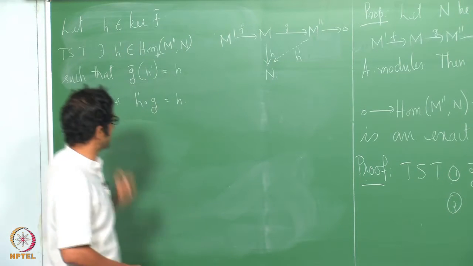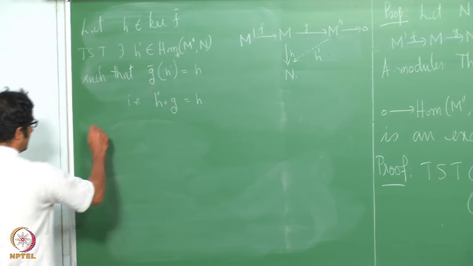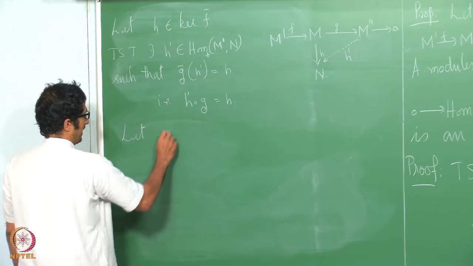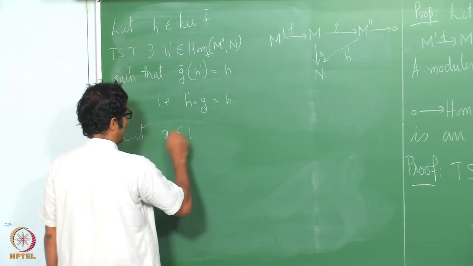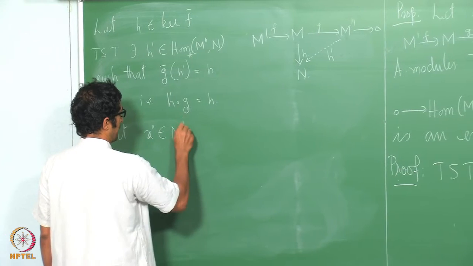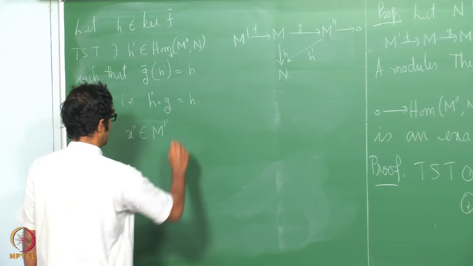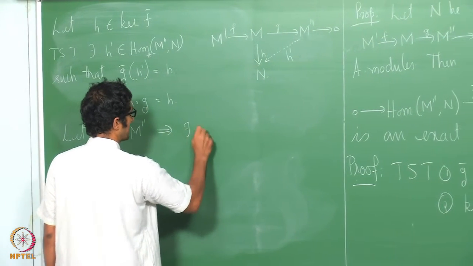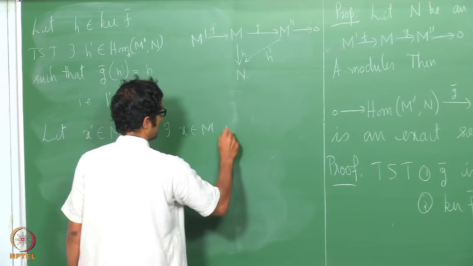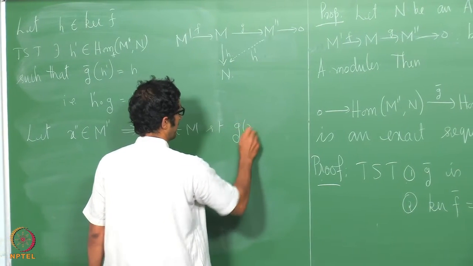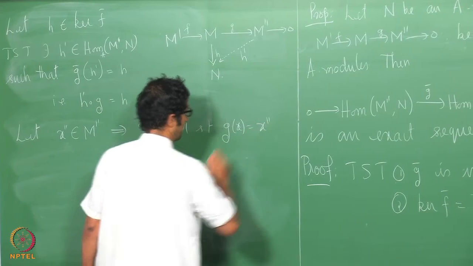Okay. So, first let us try to define this. Let x double prime be in m double prime. That implies there exists x in m such that g of x is equal to x double prime.